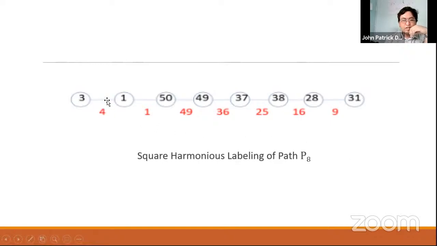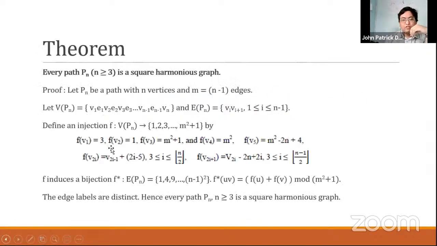As you can see, the edge labels are perfect square numbers. The vertex labeling is what we got earlier when we computed V sub 1, V sub 2, V sub 3, up to V sub n.